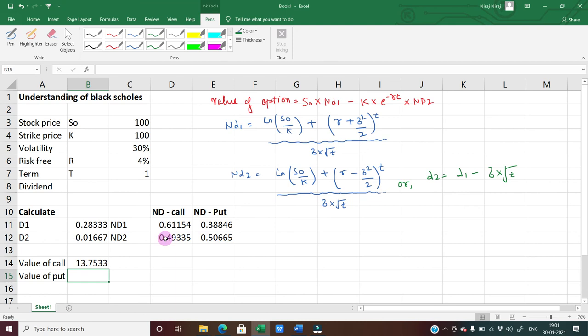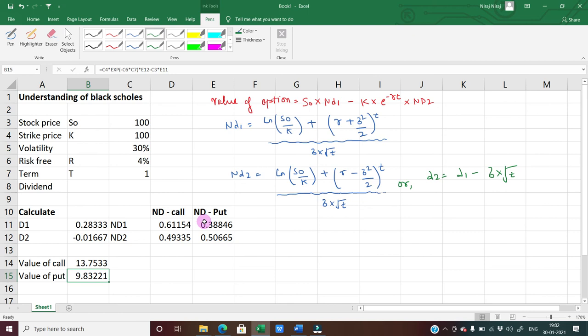So in this case the formula will start with K, sorry, strike price into EXP minus R into T into ND2 minus S0 into ND1. So this will be the value of the put option.